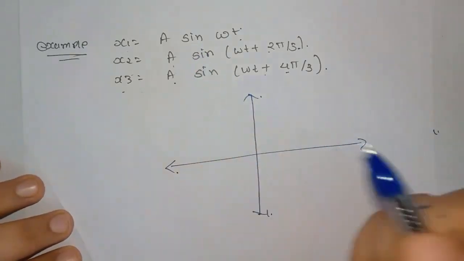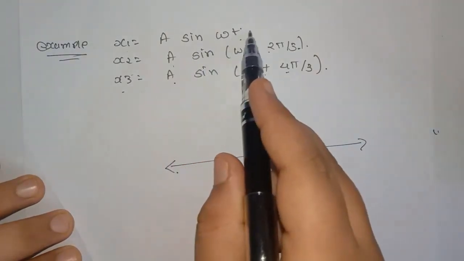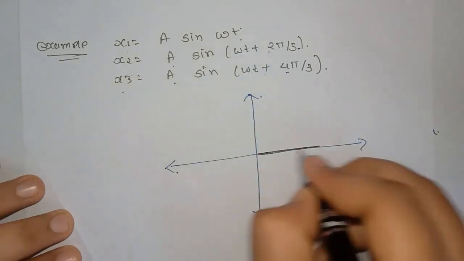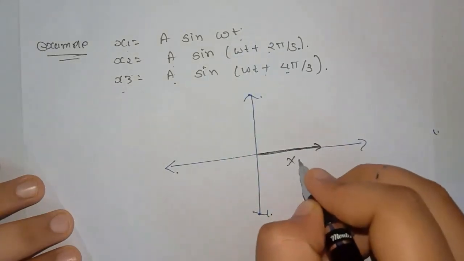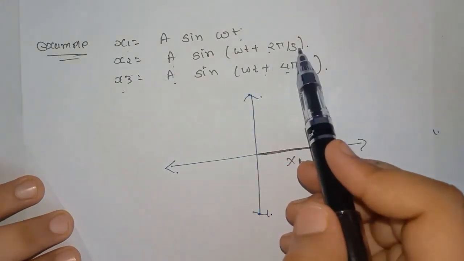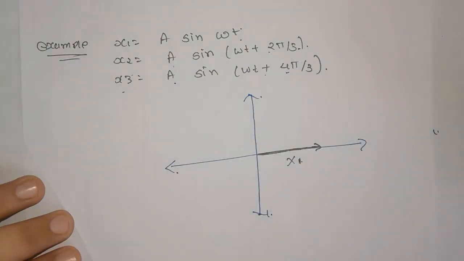All 3 are starting from the origin. The first one has 0 initial phase, so it will be on the x-axis only. So this is x1. The second has the phase 2π/3, that means 120 degrees.